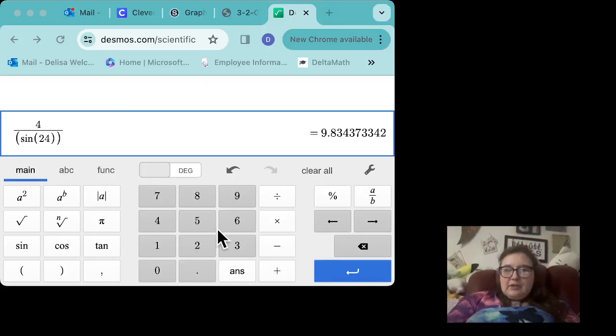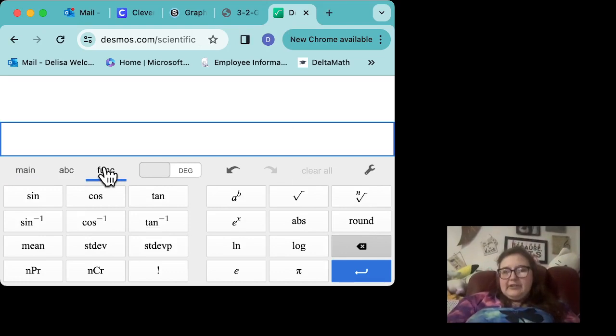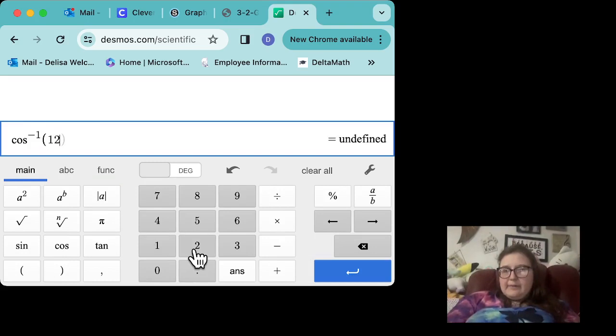So I'm going to go back to my calculator, and you'll click the function here to bring up your inverse functions. So that's the cosine and sine inverse function, but we need the cosine inverse function. So we're going to have cosine inverse, and then we're going to do 12 divided by 13 by going back to our main buttons.